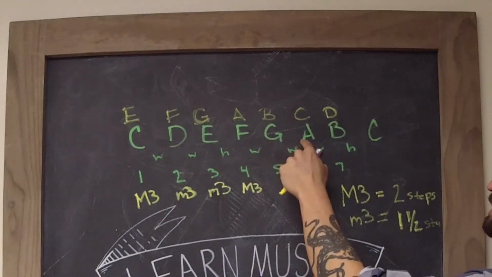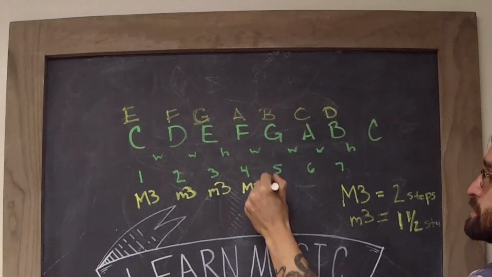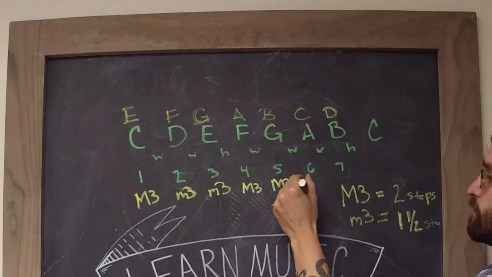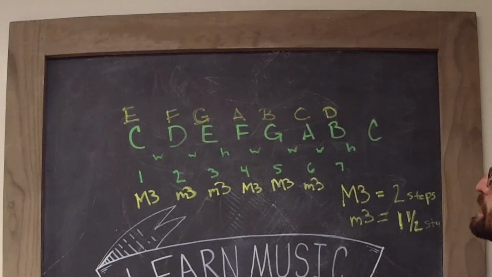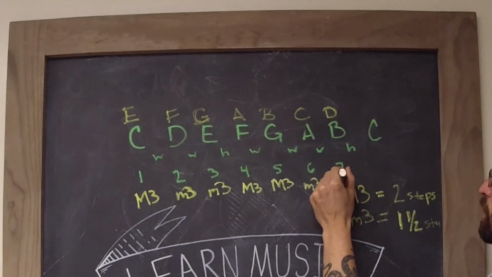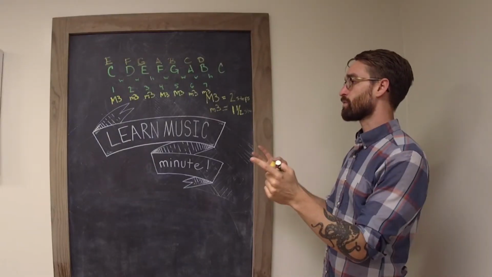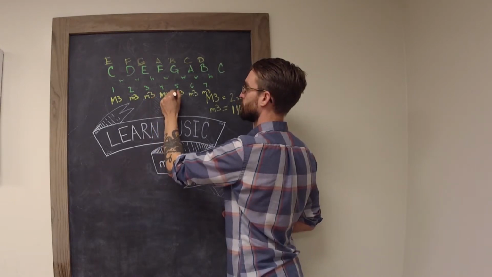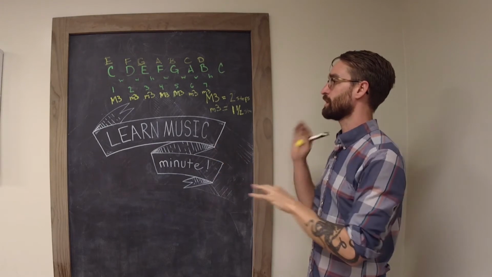Same thing here, G to A to B, both whole steps. That's going to make this a major third. A to C is a minor third, and from B to D is also a minor third. So we've got 3 major thirds. Hopefully you can tell the difference here between the capital M's and lowercase m's. We've got 3 majors and 3 minors.